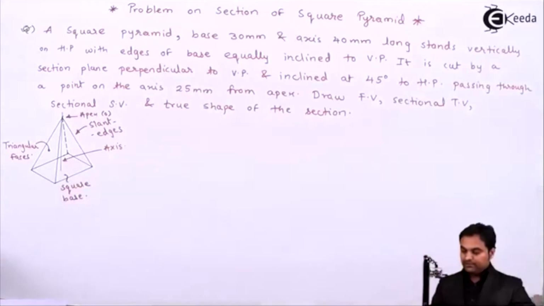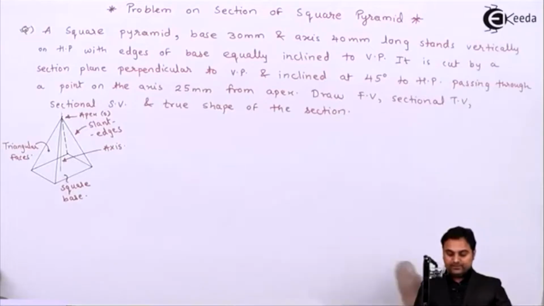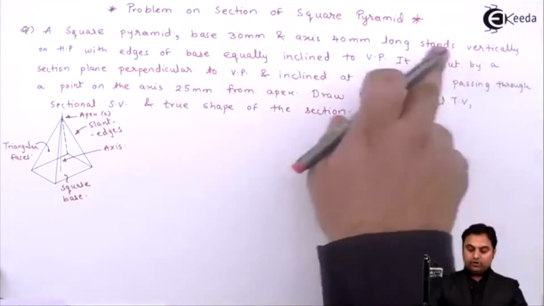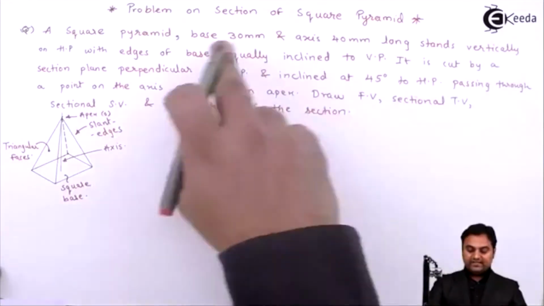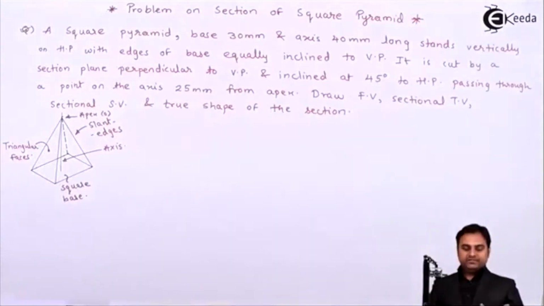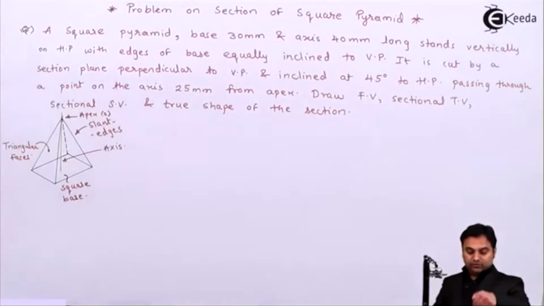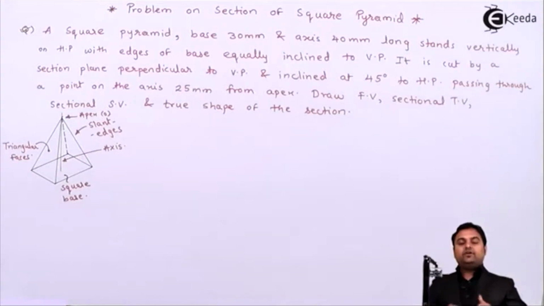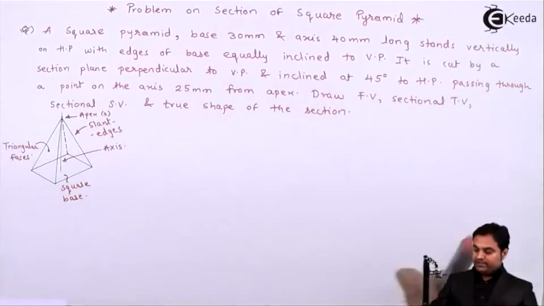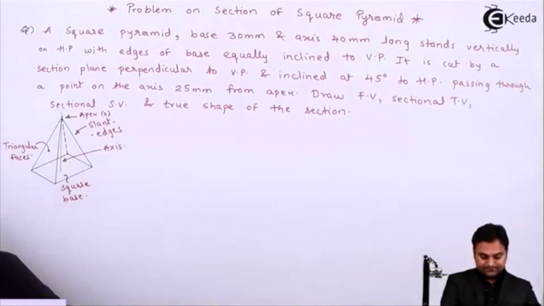Of the square pyramid. Now the condition is the square pyramid is 40 mm long, stands vertically on HP. So it is standing like this, as I have shown in the diagram. It means when we are looking from top, we are going to get the square. Now the square can be drawn in two different ways.